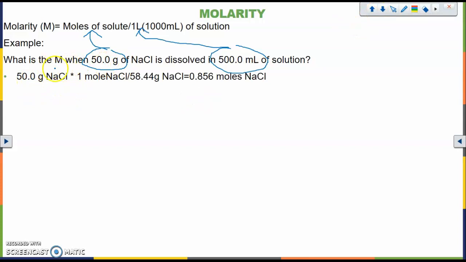So the first thing is we're going to convert the grams of sodium chloride into moles of sodium chloride. You take the given grams and multiply it by 1 mole sodium chloride over 58.44 grams of sodium chloride. Where did this 58.44 grams come from? This came from the periodic table.